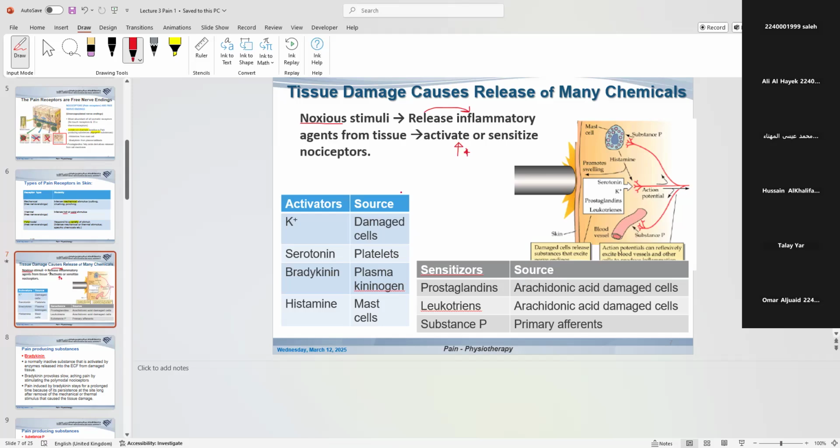If prostaglandin is not present, maybe you need 20 potassium ions to produce a signal. Okay. Is it clear? Clear. Yeah. So in the sensitizer group, prostaglandins are the most important, but also leukotrienes and substance P. Substance P is a neurotransmitter released at the first synapse. The first order neuron secretes substance P for second order neuron activity. So these are also amongst the sensitizers. Next, please.